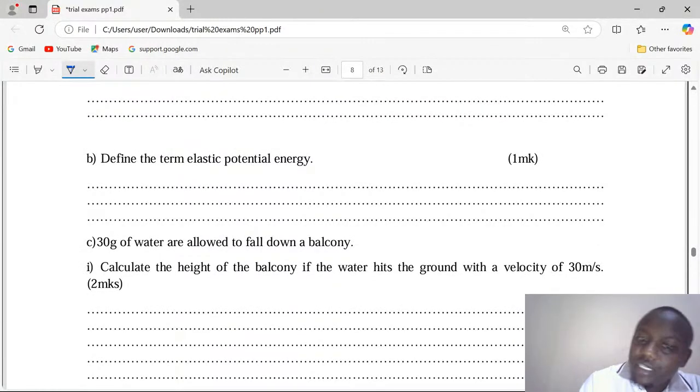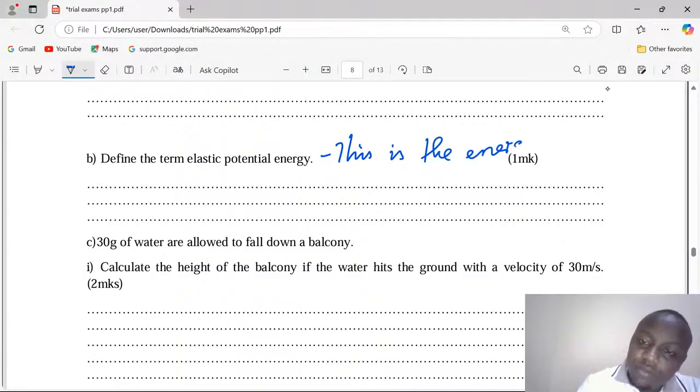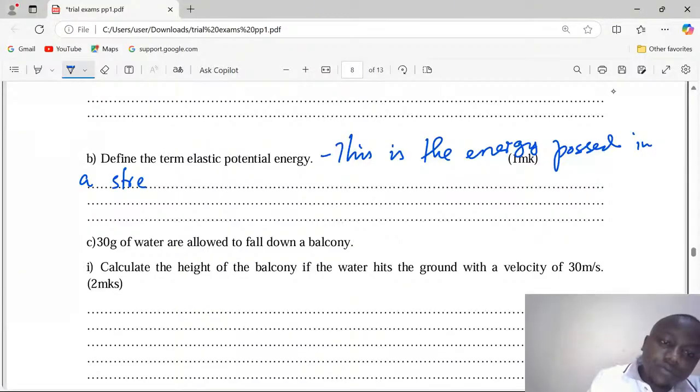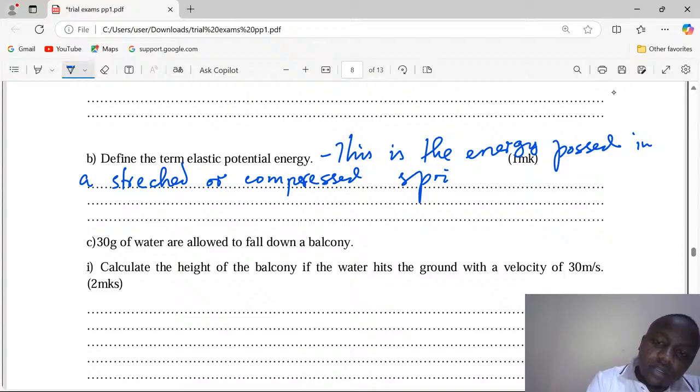Elastic potential energy is the energy possessed in a stretched or compressed spring.